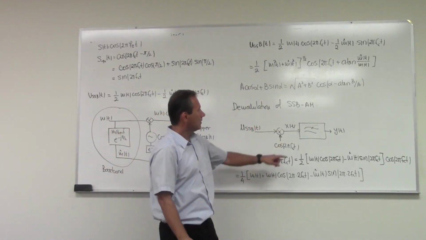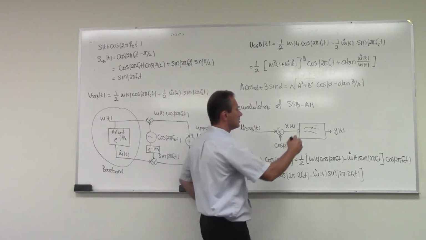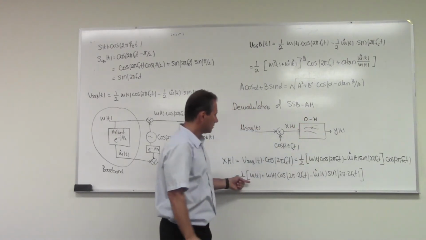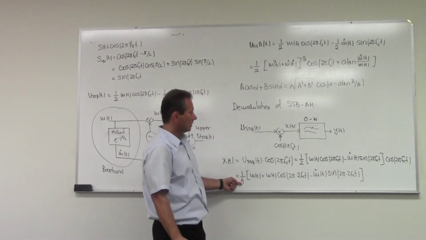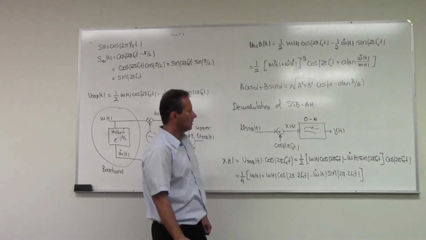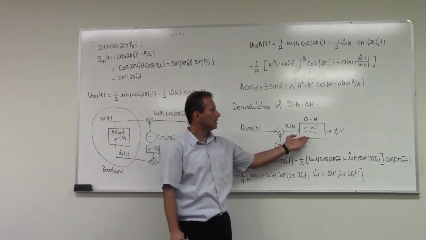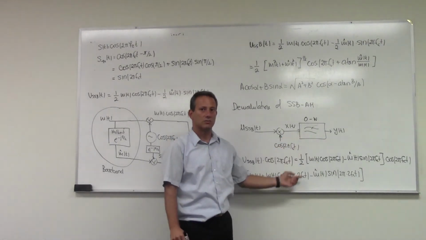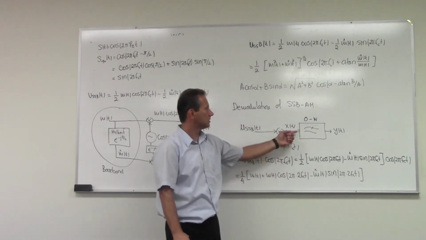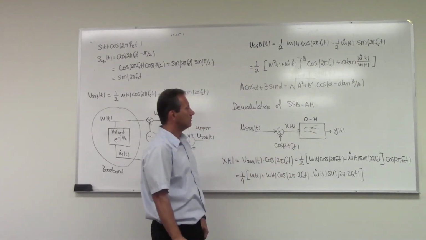Now if I low pass filter everything from 0 to W, what is going to be y of t? y of t is just going to be this part. The rest of it is going to be removed, and as a matter of fact, this filter has a very easy task because the components are very far away in the frequency domain. So this is a relatively low selectivity low pass filter.